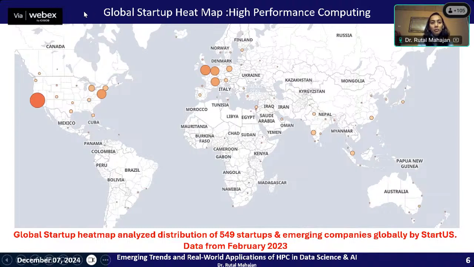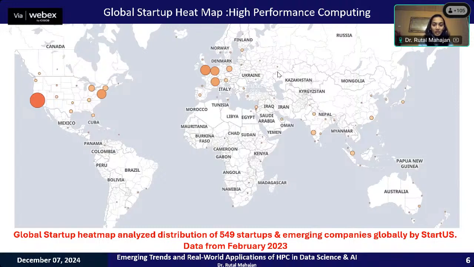Before moving ahead, I would like to show you the current scenario of high performance computing, the global startup market. Over here, this is the heat map shared by Start US from the data of February 2023.